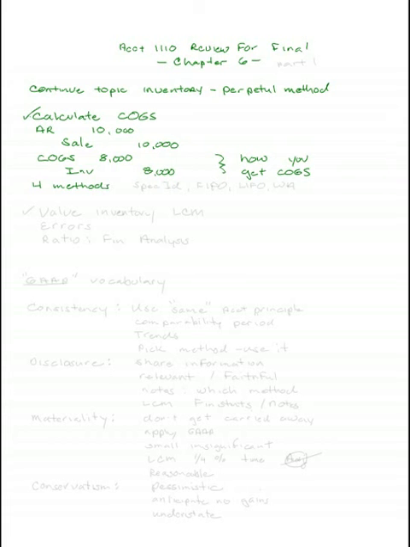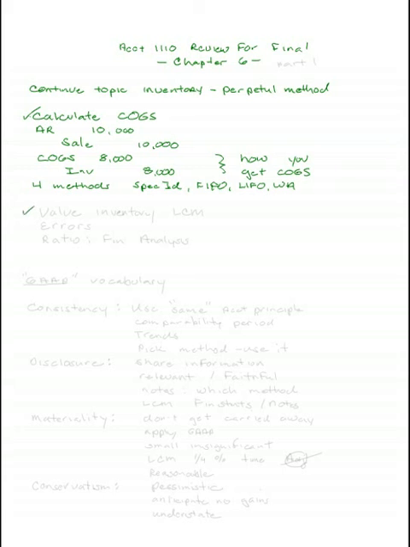The methods are specific ID, which I'm not going to spend much time on, because once we've done the other 3, you'll know how to do that one. And then FIFO, first in, first out. LIFO, last in, first out. And then the weighted average. That'll use up a whole pencast.